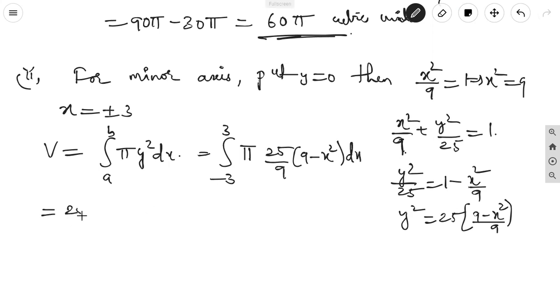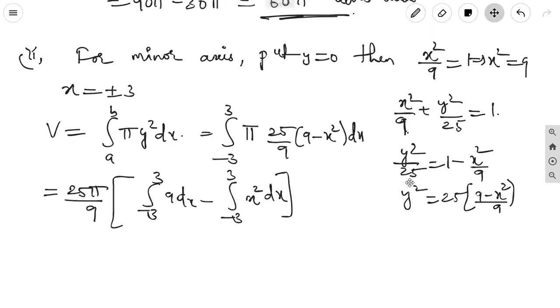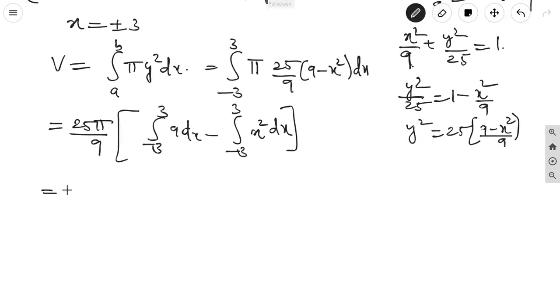Here write outside 25 pi by 9 into integral minus 3 to 3 9 dx minus integral minus 3 to 3 x square dx. It is equal to 25 pi by 9. 9 is a constant.